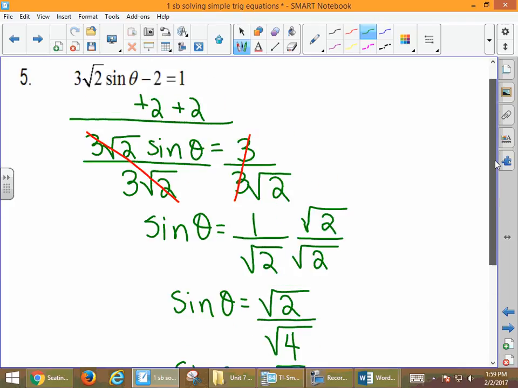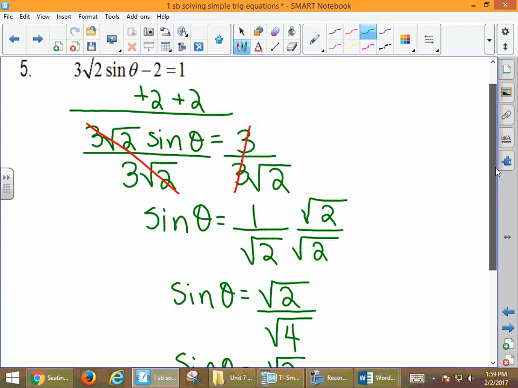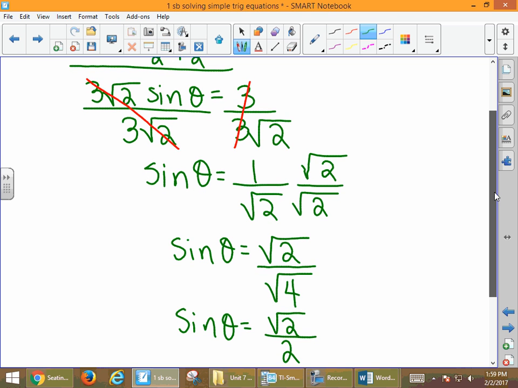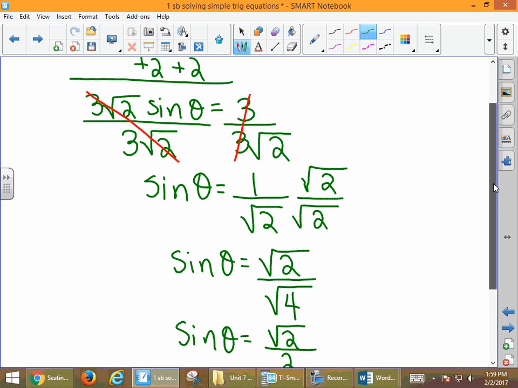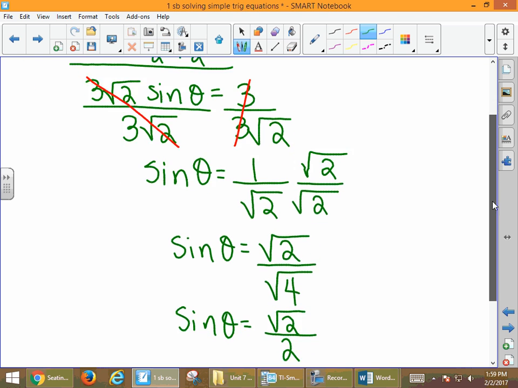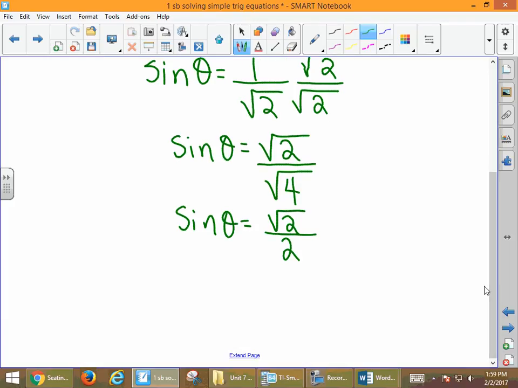I wanted to go back and check and make sure that our signs are okay, and they are. Sine of theta, we have the variable isolated now.